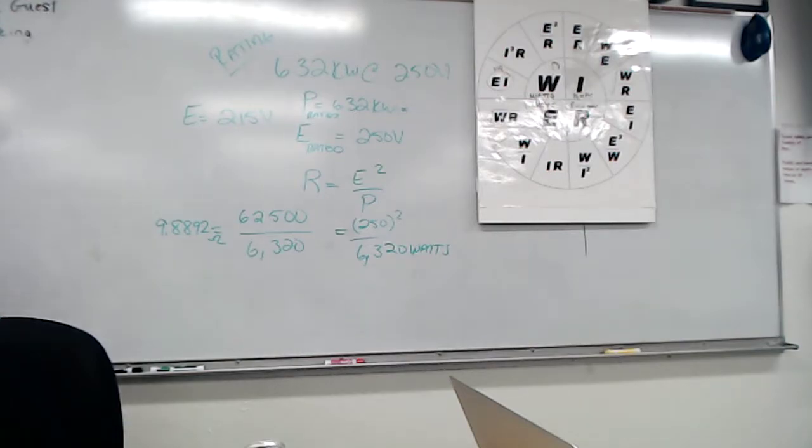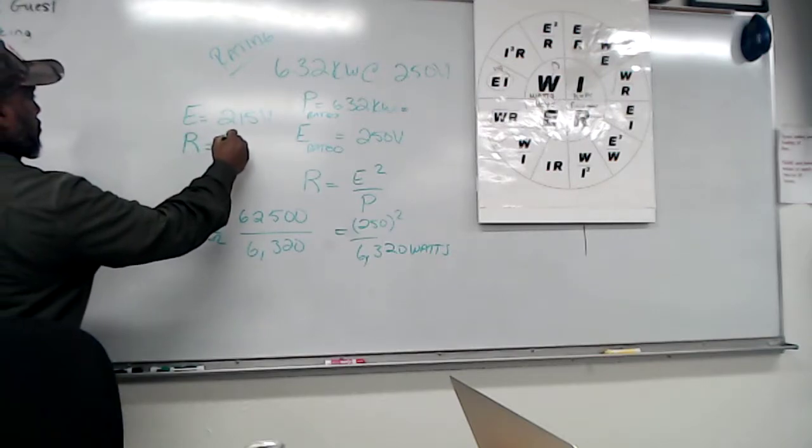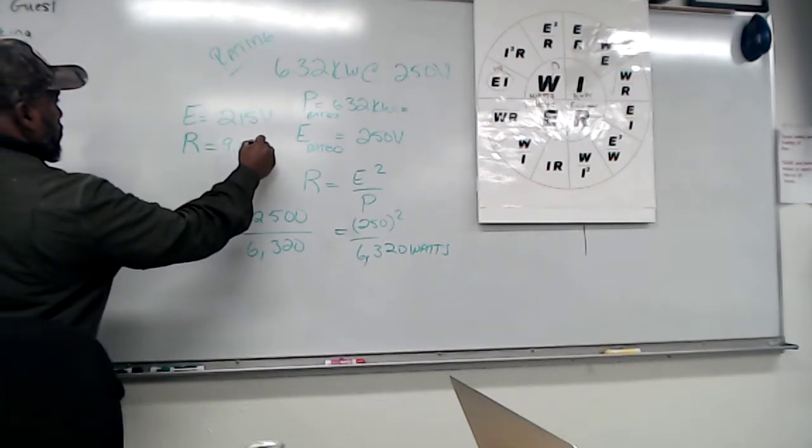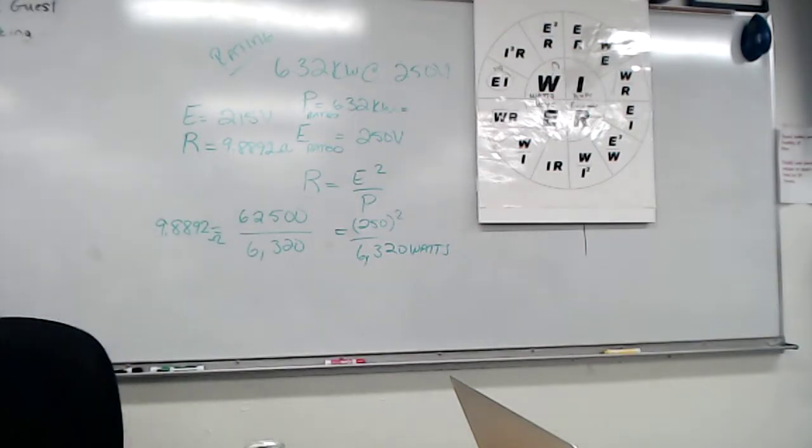So now I know this. Once I find the resistance at the rated voltage, that's going to be my resistance in the problem. And this asks me for what? Watts.